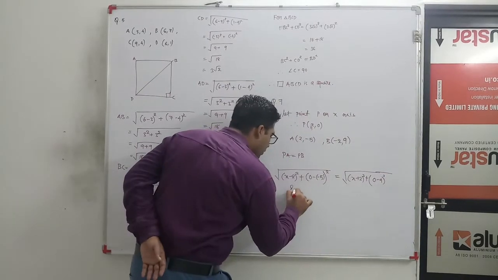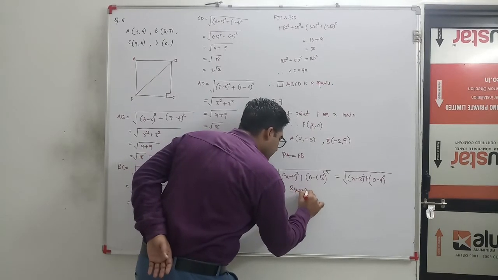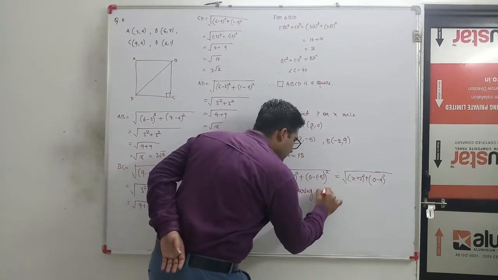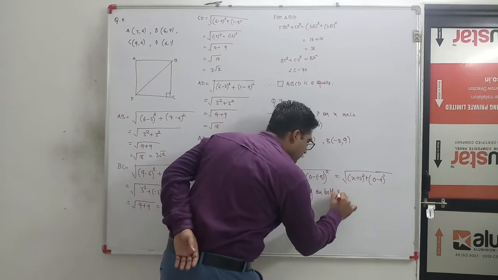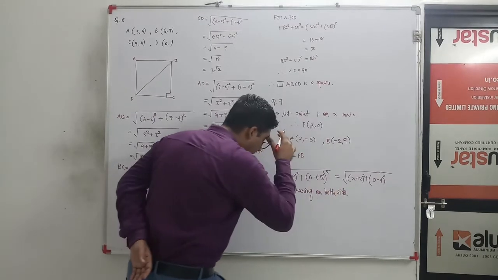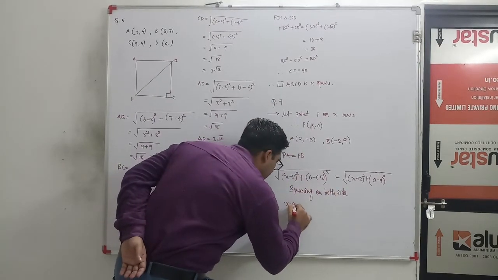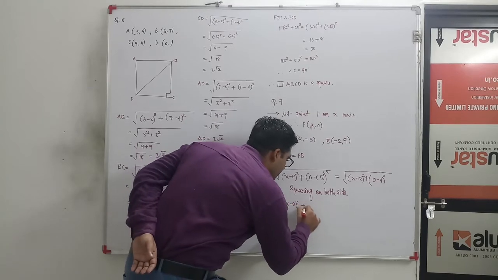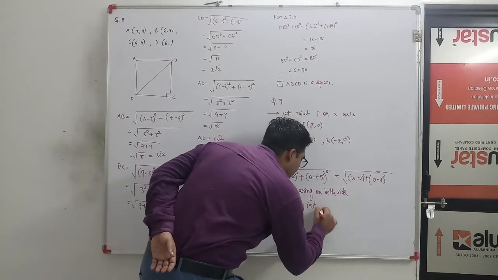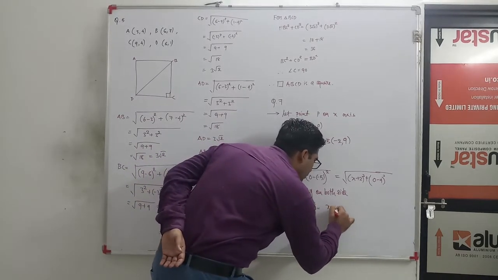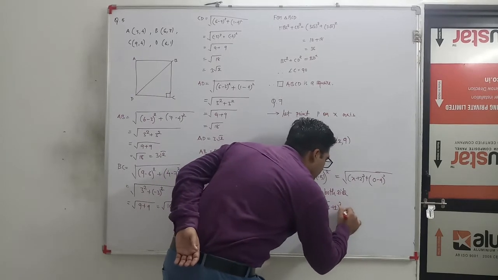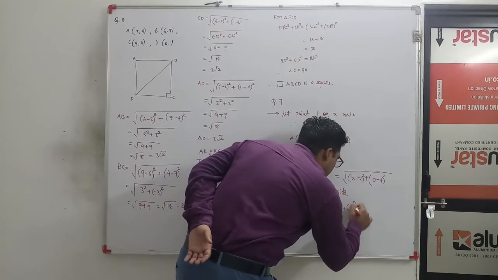Now squaring on both sides. Therefore, I am getting (x minus 2) whole square plus 5 square is equal to (x plus 2) whole square plus 9 square.